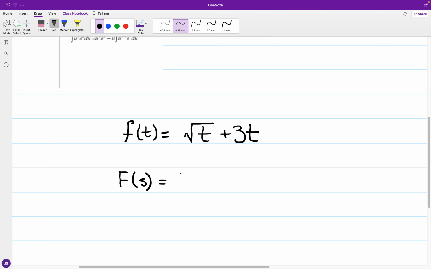First of all, we have the Laplace transform of the square root of t, and I can separate this from 3t. The square root of t we can express as t raised to the 1/2, and with 3 as a multiple, I can say I have 3 times the Laplace transform of t.